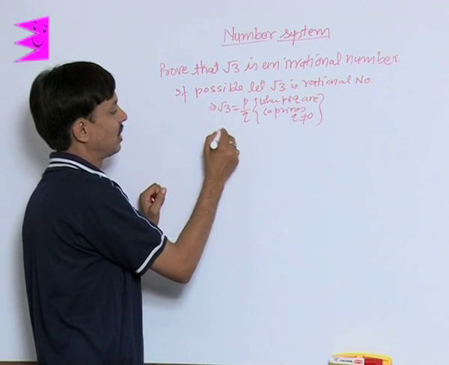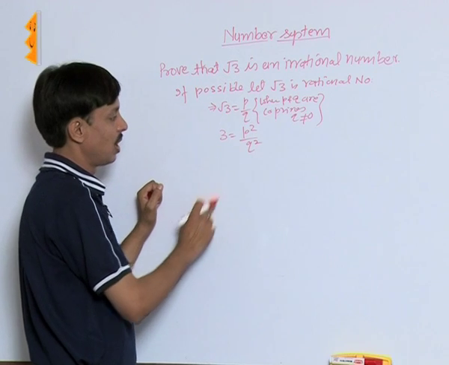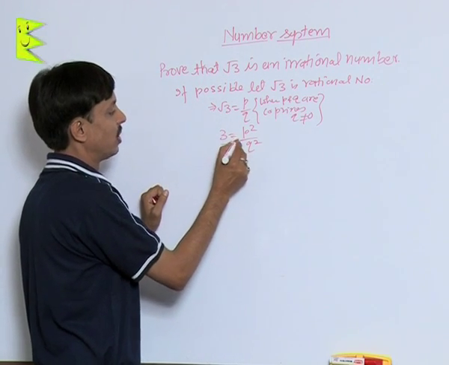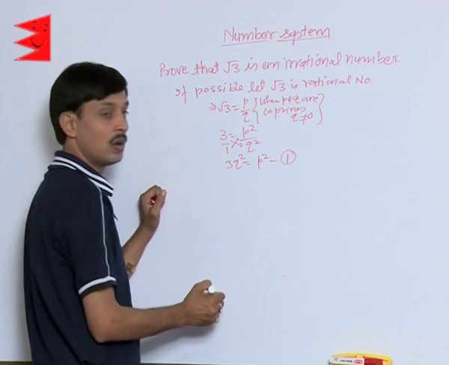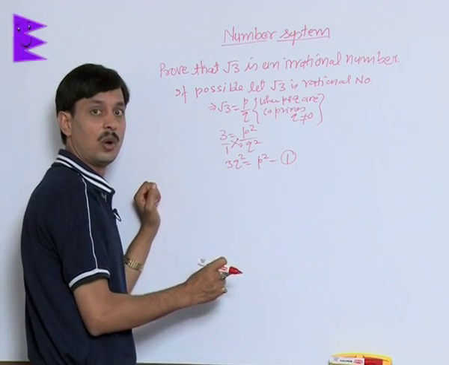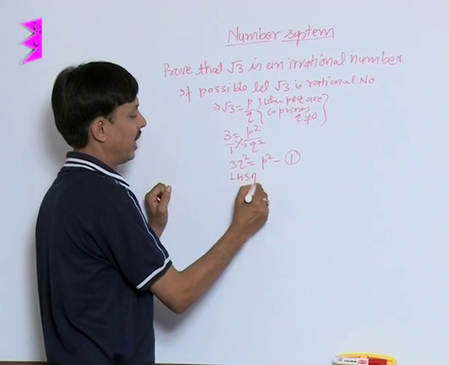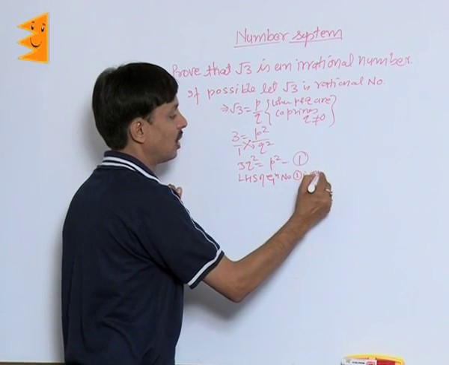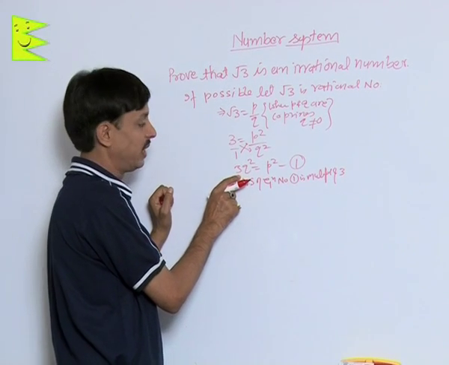Root 3 is equal to p by q. On squaring both sides, I will say 3 is equal to p square upon q square. Or on cross multiplying, you can say that 3q square is equal to p square, equation number 1. With equation number 1, what can we conclude? We can say the left hand side, LHS, of equation number 1 is a multiple of 3. Clearly 3 is multiplied here.